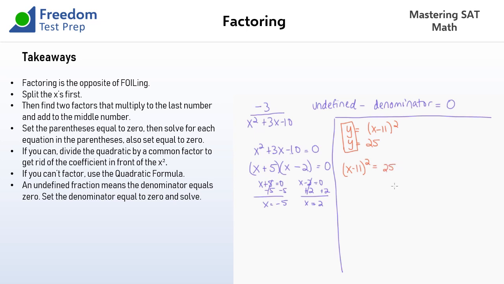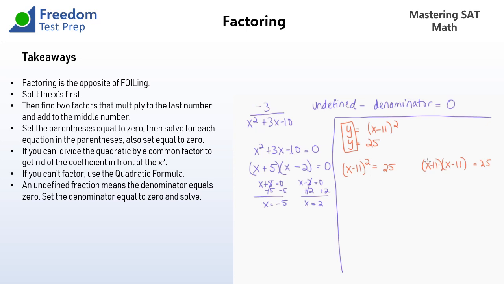There are 2 ways to do this problem. And let's say we're supposed to solve for x in this, okay? Well, I'm going to write this out in the 2 ways. Okay, so let's start with the factoring method.